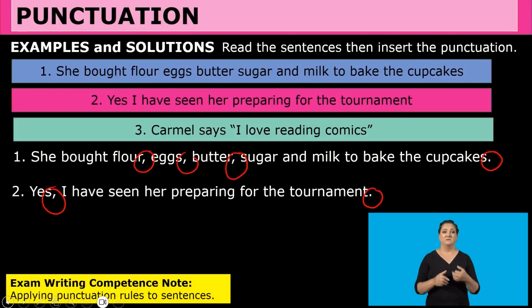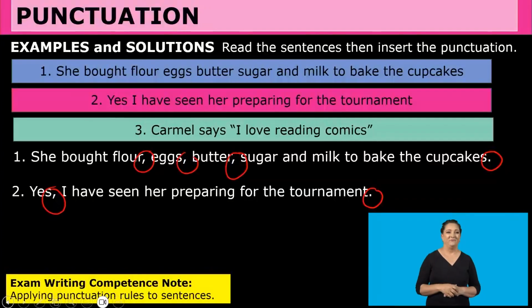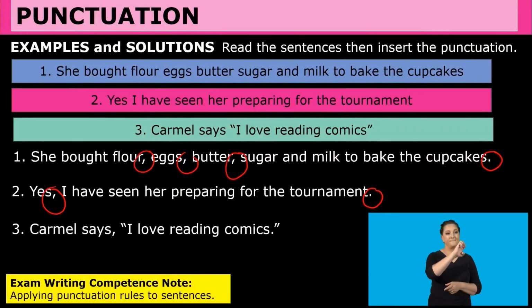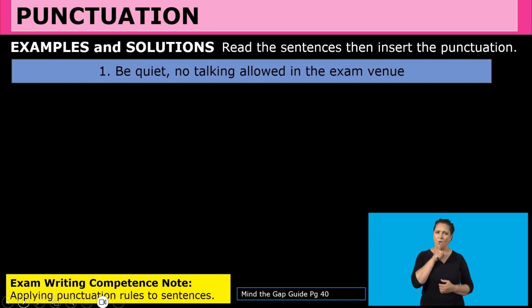In my third example: Carmel says, "I love reading comics." And you're going to say, but whatever she said, it's in quotation marks. What do I need? Look at this. Carmel says, and there's a comma to introduce the direct speech. So don't forget about that one, okay? In our next examples: Be quiet! No talking allowed in the exam venue!